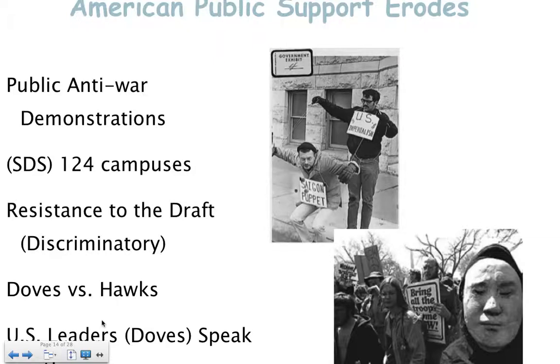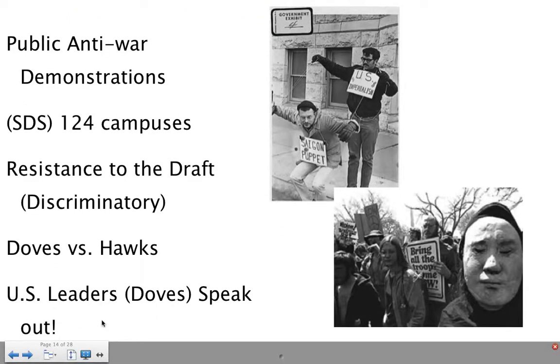News programs showed gruesome images and suggested that U.S. troops could not win the war. Again, this prompted doubt in many Americans, and then the opposition started on college campuses. And we have the Doves that support ending the war, and then the Hawks that support continuing with the war.